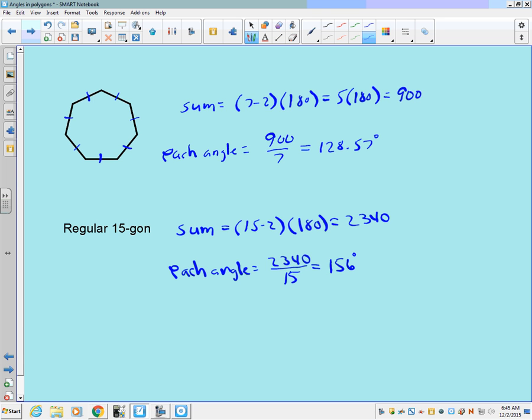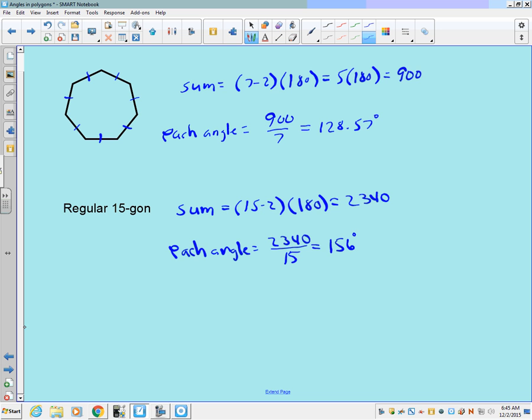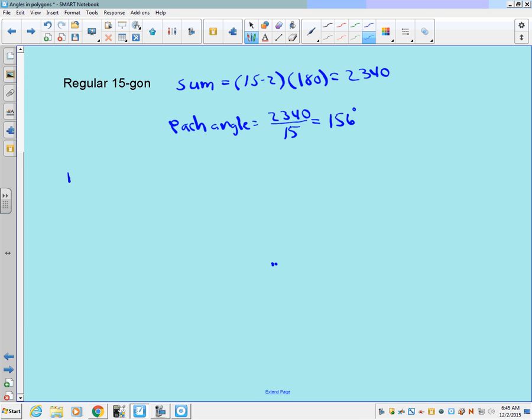Now, if we take a close look at what we've done here, and we apply it to an n-gon, well, the sum was always equal to n minus 2 times 180.